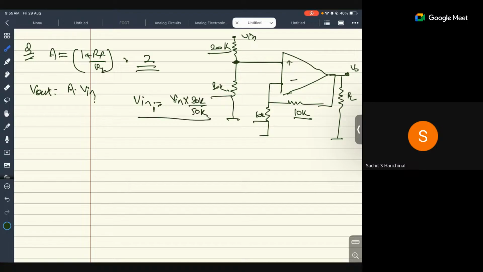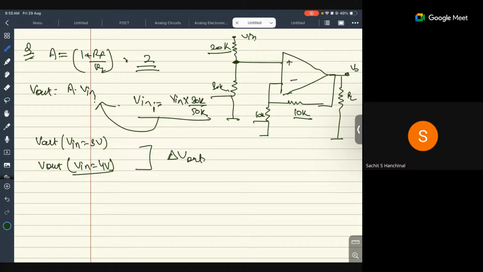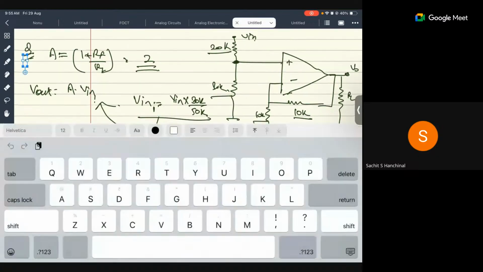Put the value of V in 1 here. So you can calculate the two voltages: V out when V in is equal to 3 volt and V out when V in is equal to 4 volt. Now the first question is you have to calculate the delta V out. This is your first question.